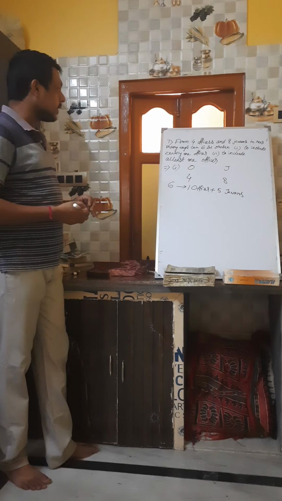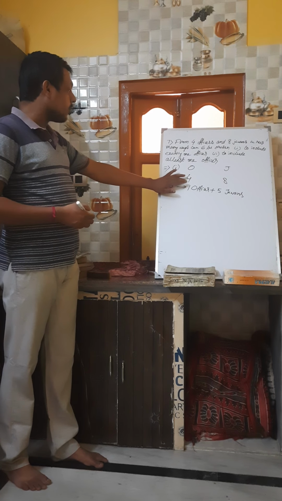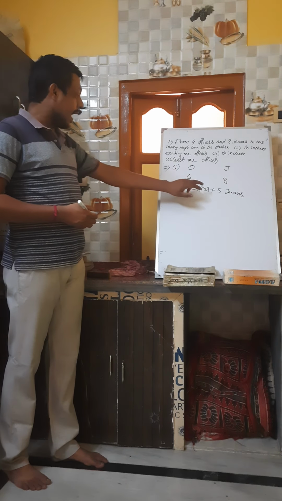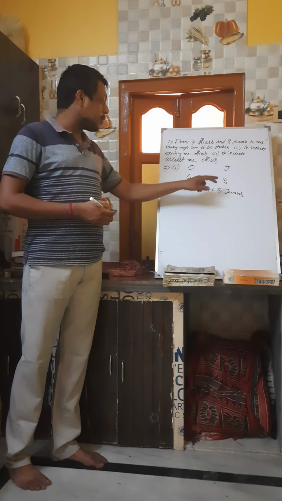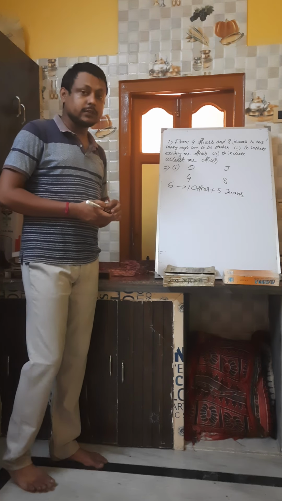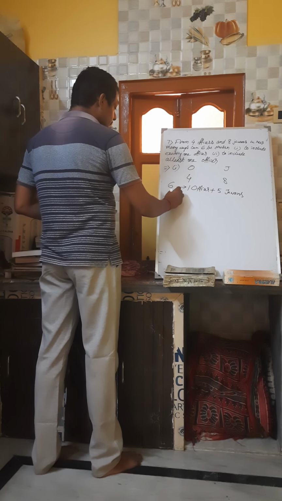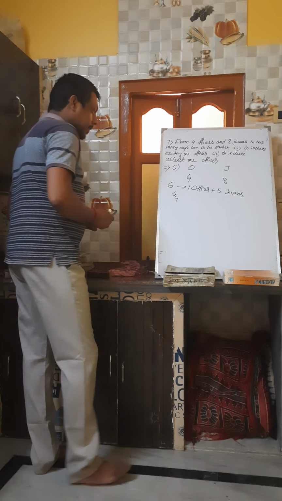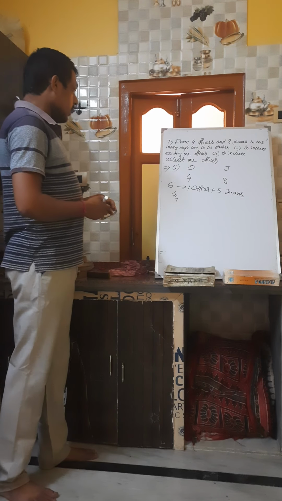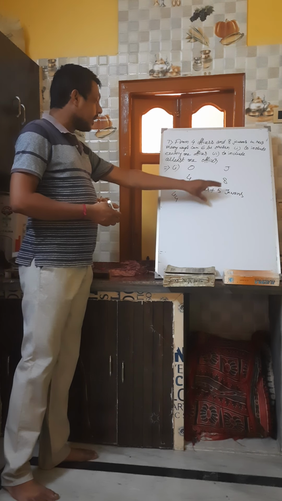Now this 1 officer has to be chosen from 4 officers, and these 5 jawans have to be chosen from 8 jawans. Selection of 1 officer from 4 can be done in 4C1 ways. And what about the remaining?